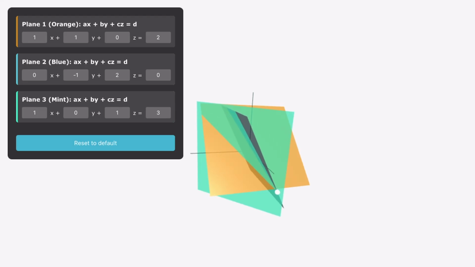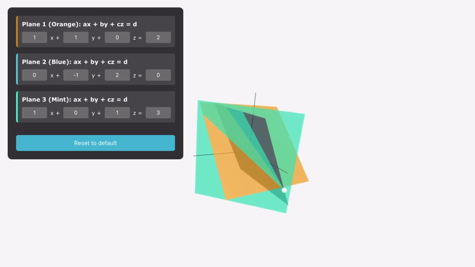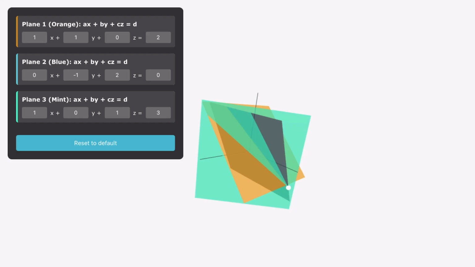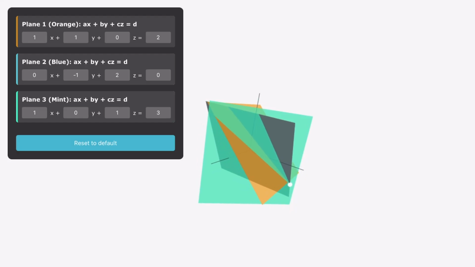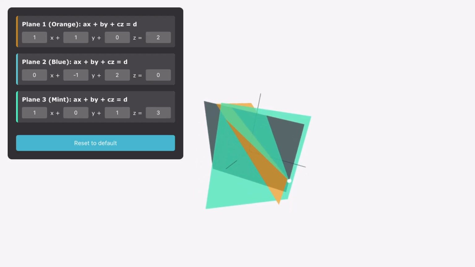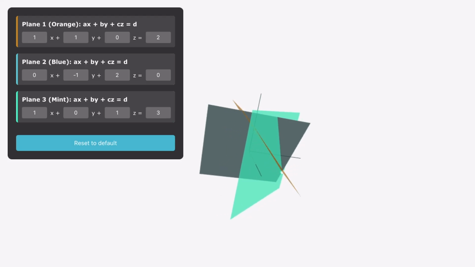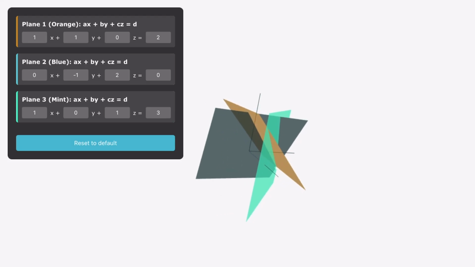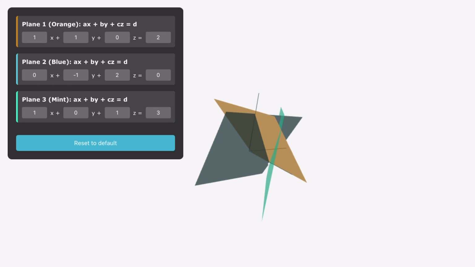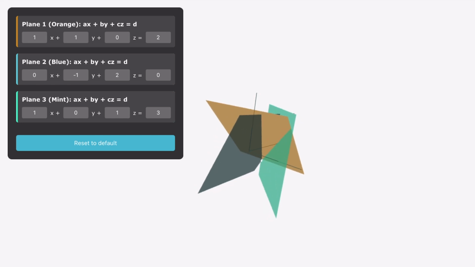I want to also show what this looks like in 3D. Now, 3D is a bit harder to draw, so I will use this online representation. In 3 dimensions, we have 3 variables, x, y, and z. This means we have three coefficients, a, b, and c.